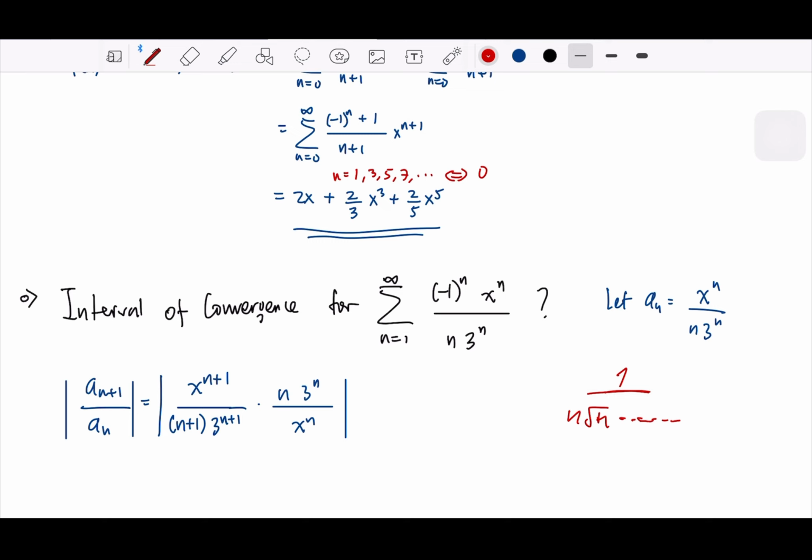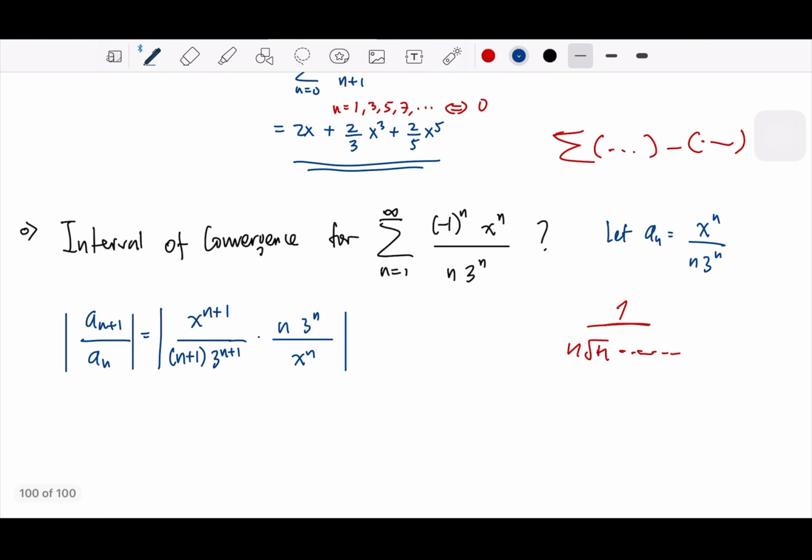Especially if this series has some form like this, where you can make it something minus something, it's probably a hint to use the telescoping sum. Telescoping sum.